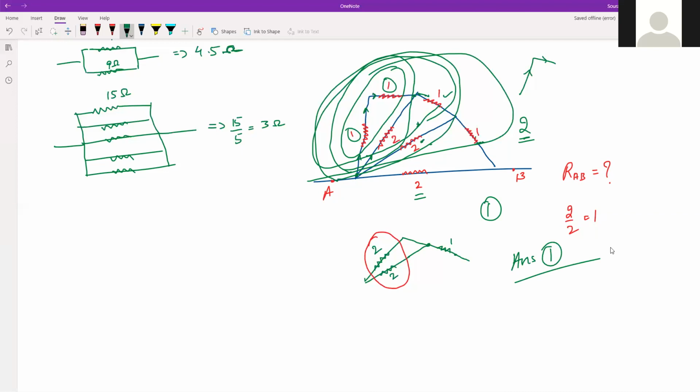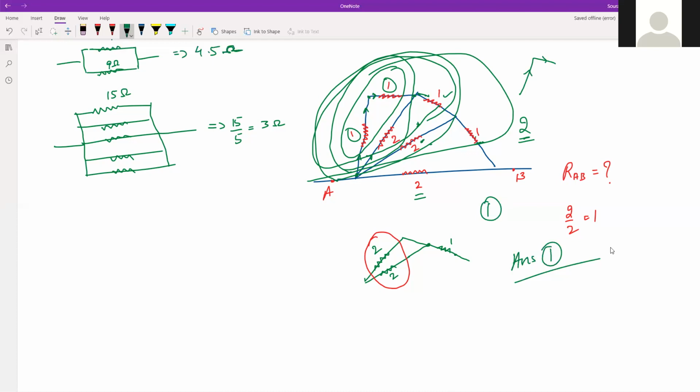That is 1 ohm. So the thing which we have to see here is, don't get confused. This is the very, very basic of identifying series and parallel: only if the current is being divided and the two resistors meet at their beginning as well as at their end, or the two different endpoints are the same, then only we'll say that they are in parallel.